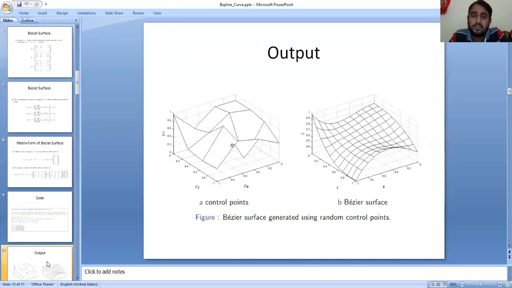Here is the output. Here we have chosen some random control points. You can see in this graph, these are the 16 control points, and here is the Bezier surface of the corresponding control points.